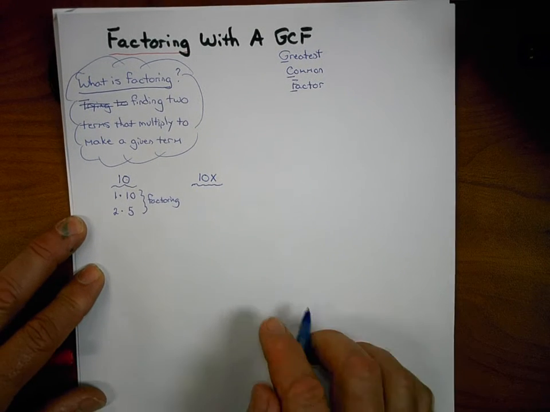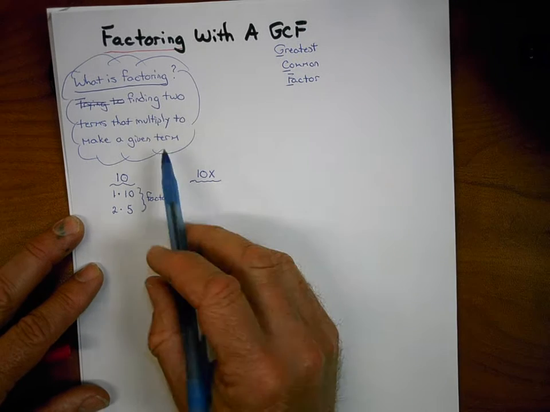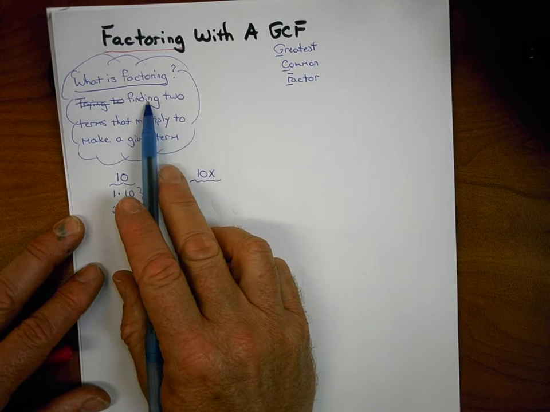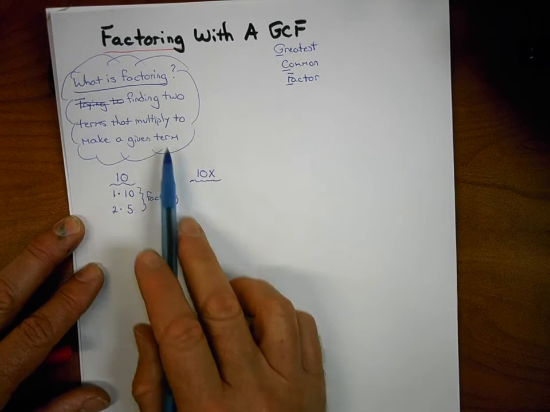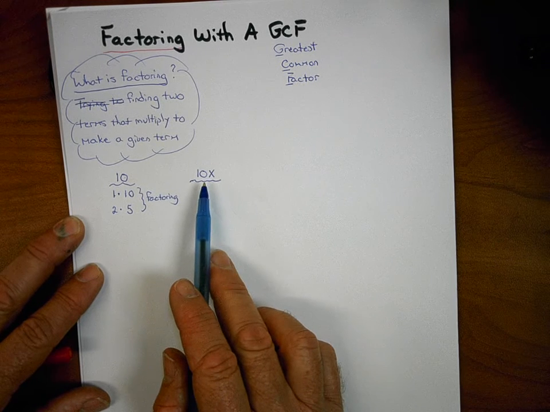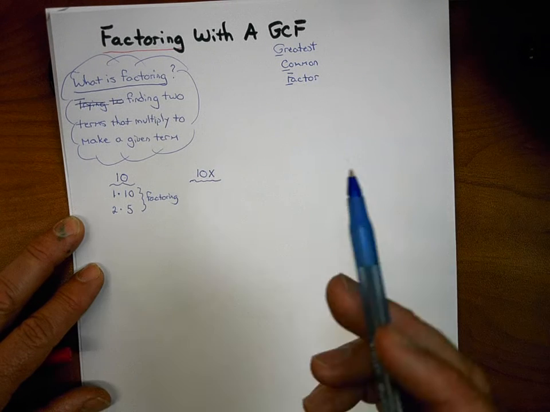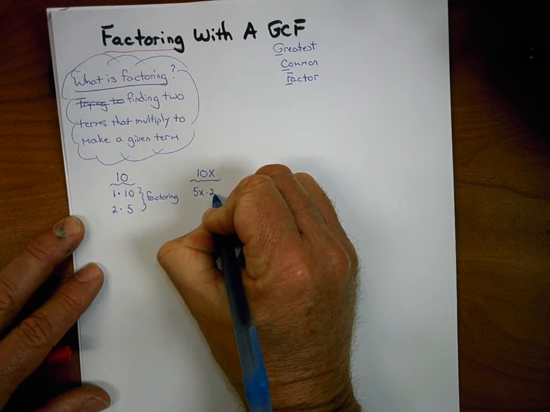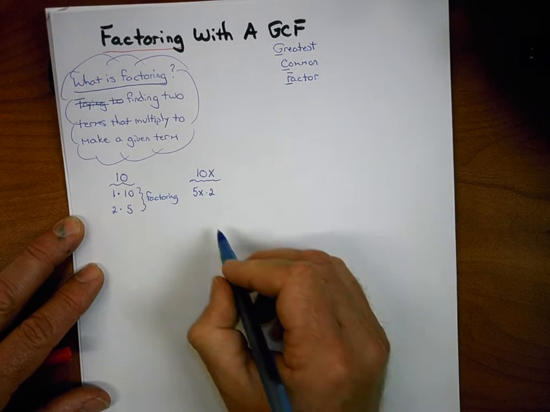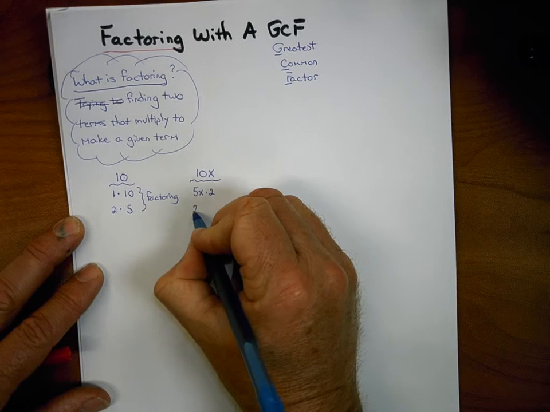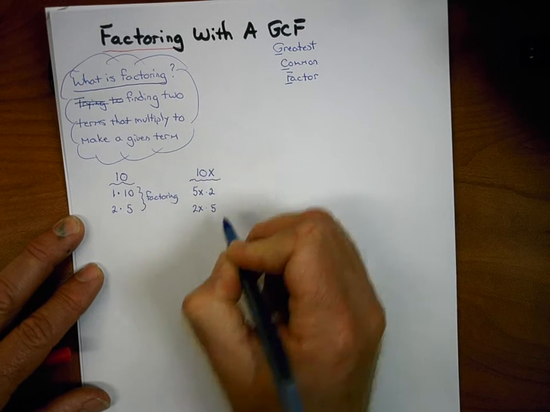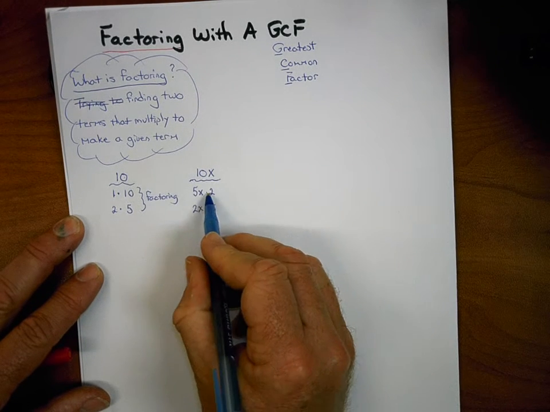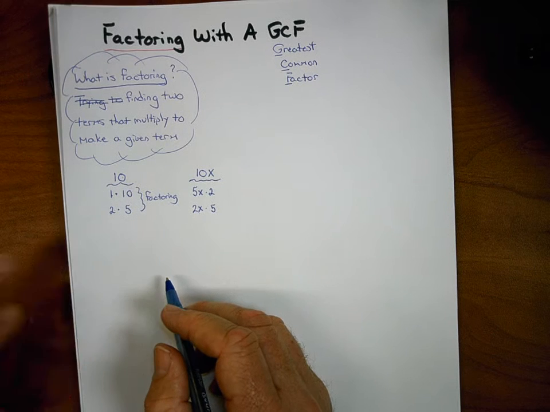So let's say I said factor 10x. In other words, I'm asking you, find two terms that multiply to make 10x. Nevada said 5x times 2. Isabella said, yeah, but I like 2x times 5. You're both right. Those would be considered factors of 10x.